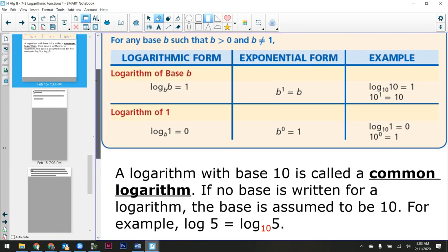Okay, now, it's actually interesting that I bring up e at this point, there are certain logarithms that come up a lot, like log base 10. Log base 10 is called common log. Guys, if you look on your graphing calculators, can you find the log button?